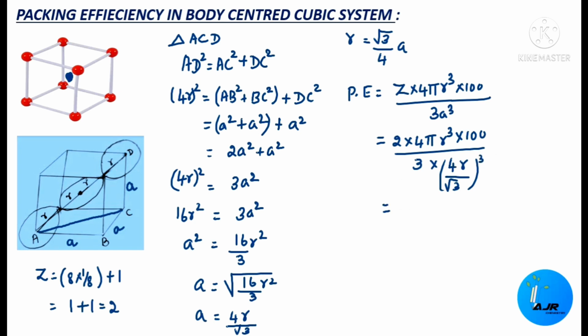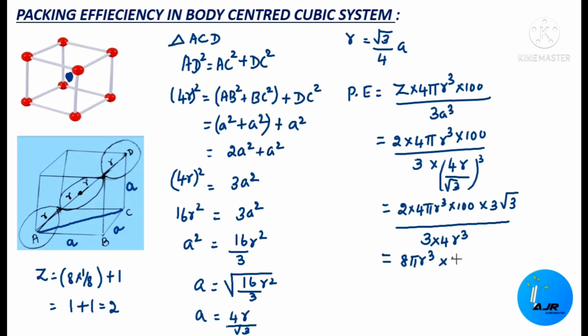When you simplify this, the cube of A becomes 64 R cube divided by 3 root 3, giving 8 pi R cube into 100 into 3 root 3 divided by 3 into 64 R cube.